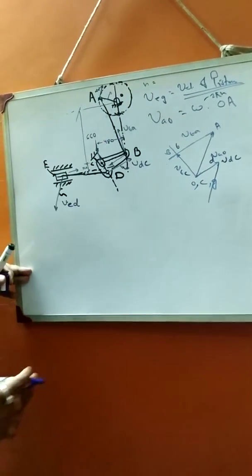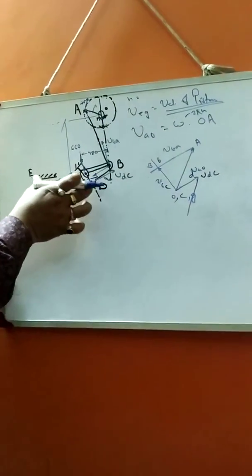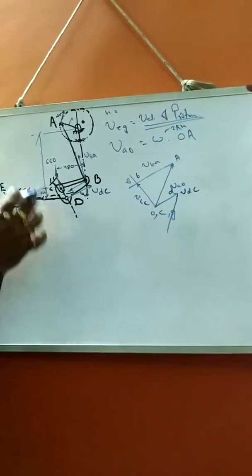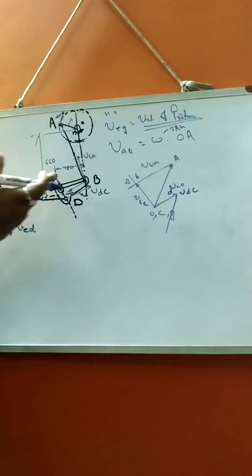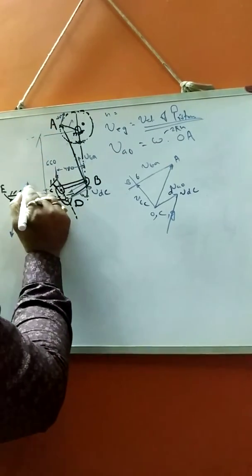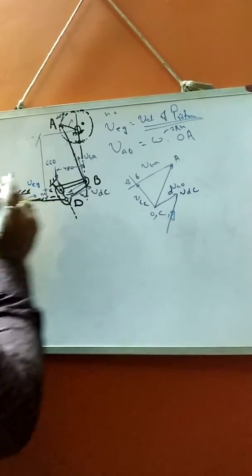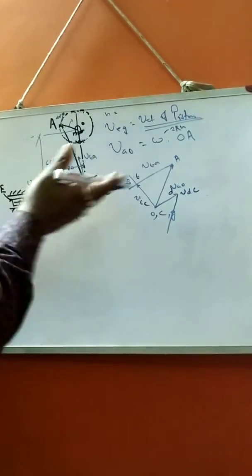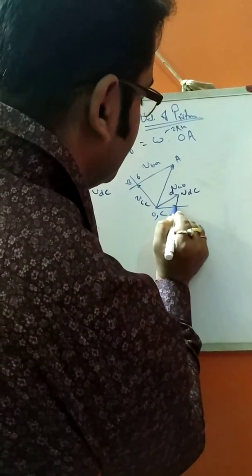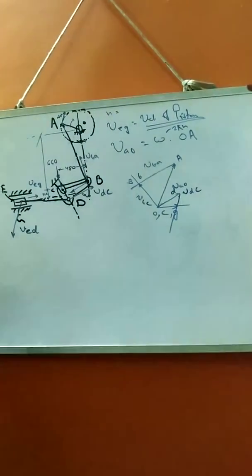Because of this housing, as the link gives this force, the piston cannot move downwards. So there is one option, the piston has to move linearly. Because of this, the velocity of E with respect to G, the piston will move inwards in this direction. So we should just draw a parallel to it. So this becomes our point.